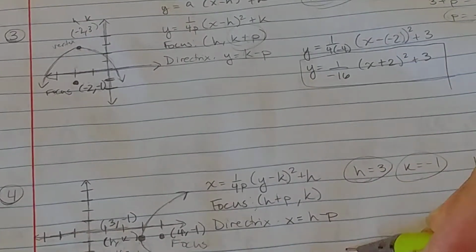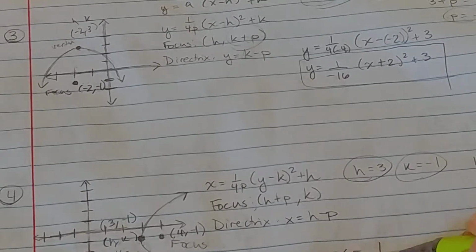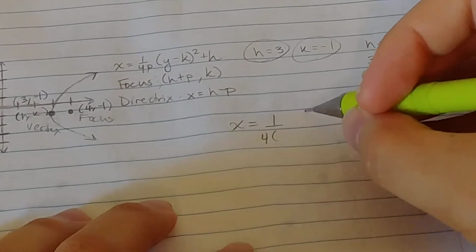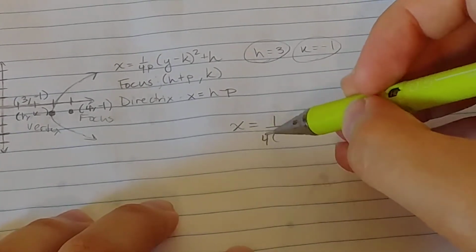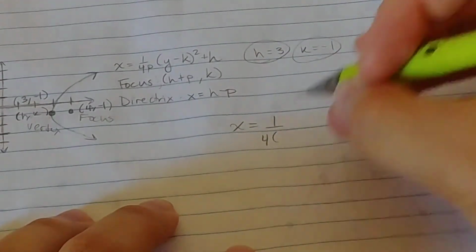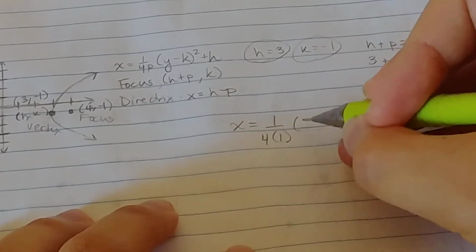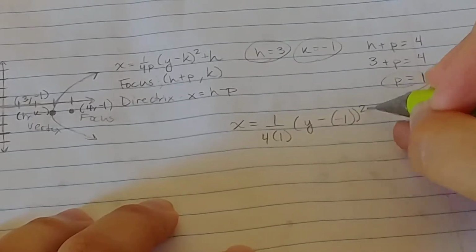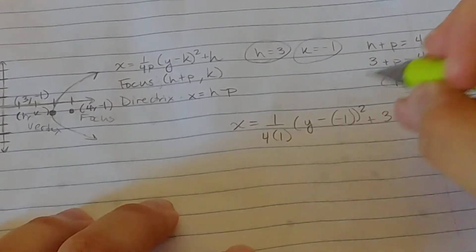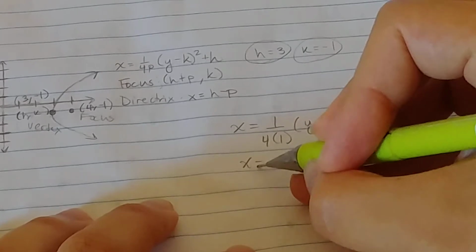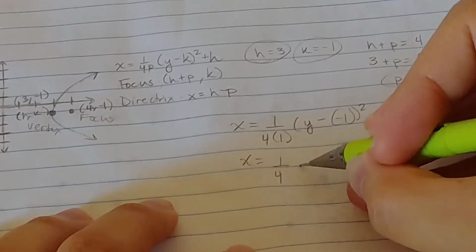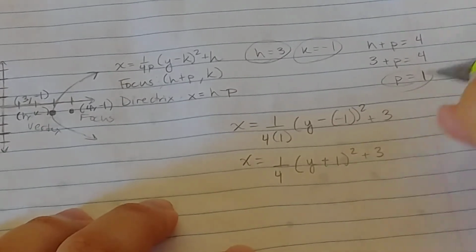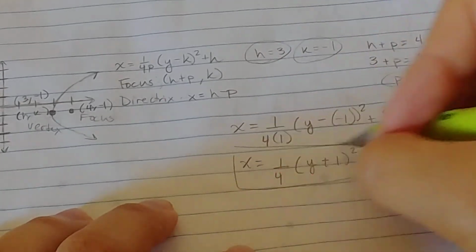So x equals 1 over 4 times p, which is 1, times the quantity of y minus our k, negative 1, squared plus our h, 3. So x equals 1 over 4 times the quantity of y plus 1 squared plus 3. Ta-da! Finished.